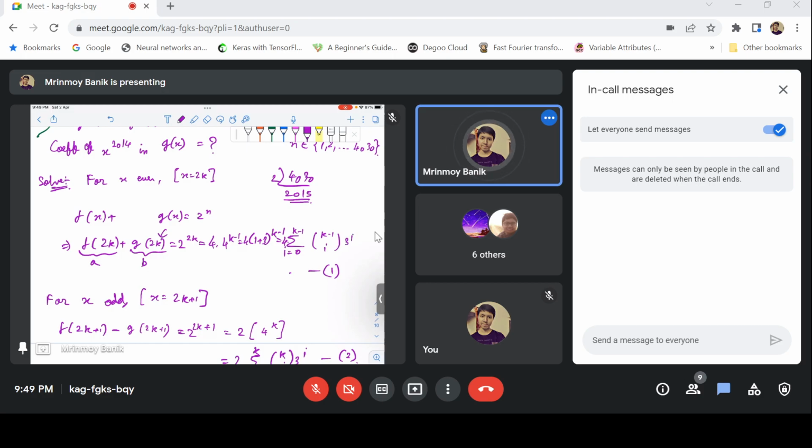We can put 2014 in place of k to get the maximum value. No, not 2014, even 2015. That's the maximum value of k, 2015.